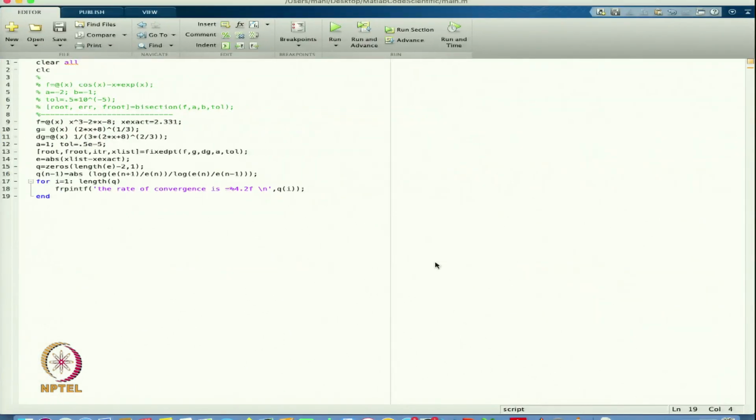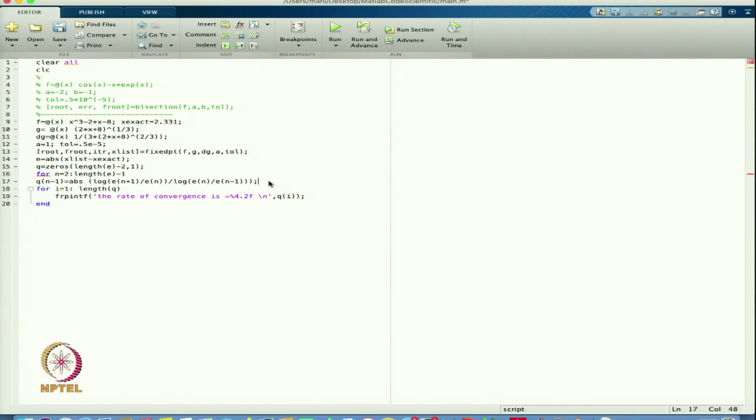Now, we will write from here for loop. This is length of E minus 1. So, this is the value we have taken, because this is the value with length. So, I will write my for loop, starting from 2 to length of E minus 1.